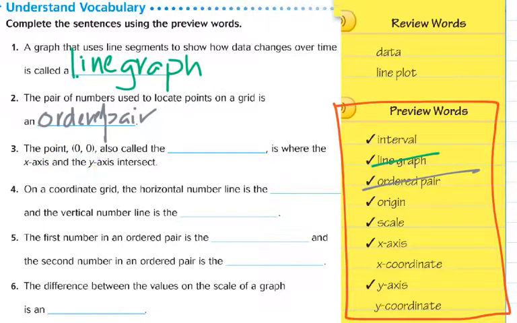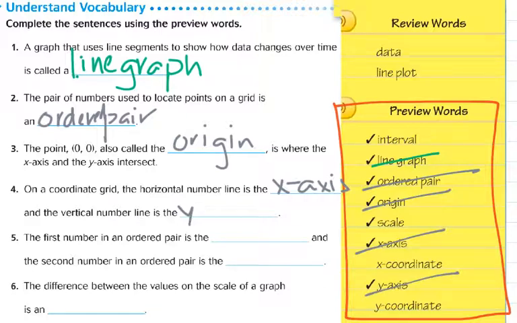The point 0, 0 is also called the origin and is where the x-axis and the y-axis intersect. 4. On the coordinate grid, the horizontal number line is the x-axis. And the vertical number line is the y-axis.